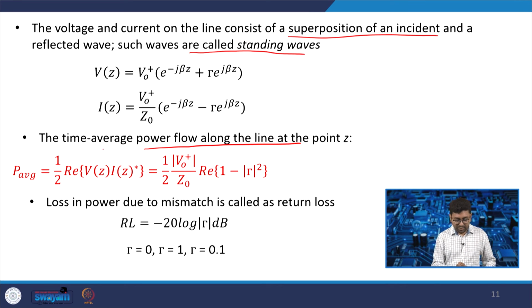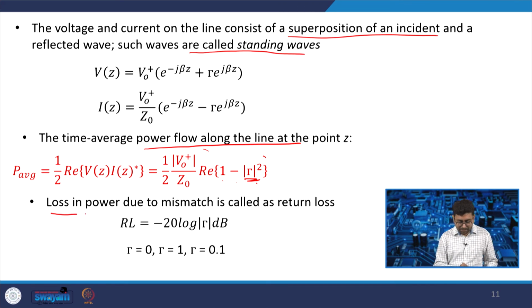So, if you put this equation in and just consider the real part, it is 1 minus gamma squared. Now, this is the power, and gamma is the quantity which tells how much power is returned, and that is defined as the return loss. So, based on gamma you can define the return loss.